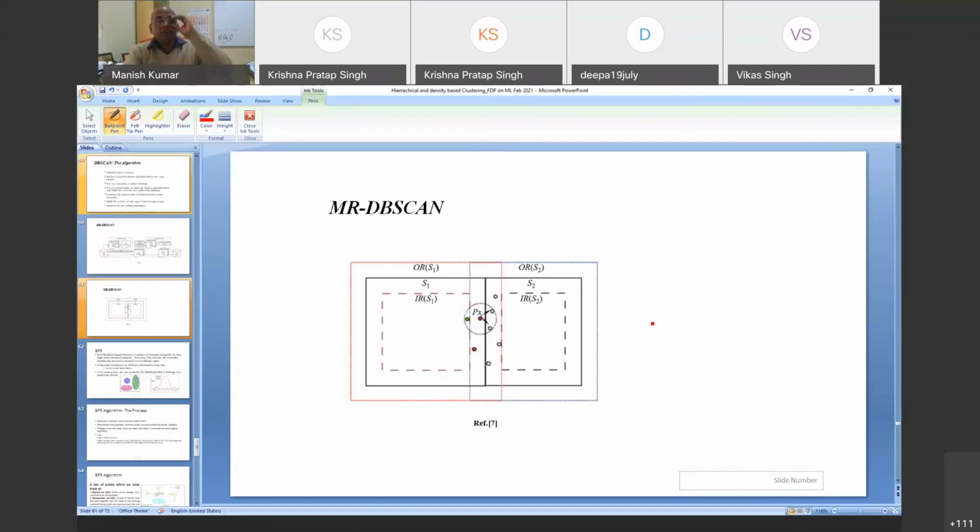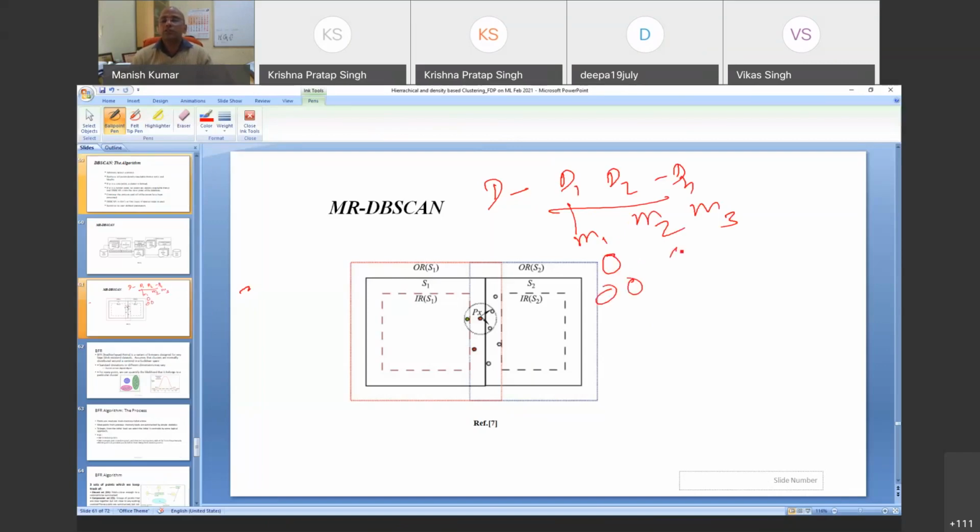So as I told you, we can parallelize DBSCAN also. In this case, if you have the dataset D, you can make D1, D2, up to N partitions, and each of these mappers will be responsible for executing the DBSCAN part. So we get a certain set of clusters for mapper 1, 2 and 3.